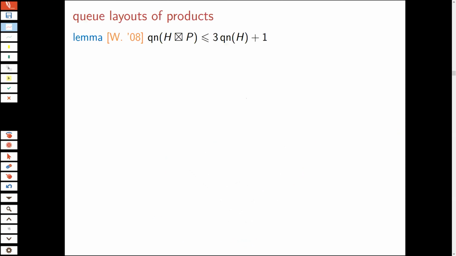I had a paper on Q layouts of products, and a consequence of one of the theorems in that paper is that the Q number of any graph H times a path is at most 3 times the Q number of H plus 1. Let me show you this proof. It's very straightforward. It's really the first thing you would try to do, and it works.